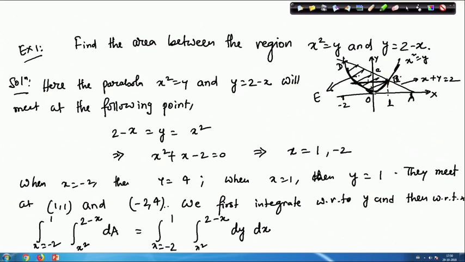So now here we can see that y is varying from 0 to 1, right? So y is varying from 0 to 1, and x will vary from this corner to this corner. So that means minus square root of y to plus square root of y. So y is from 0 to 1, x is from minus square root of y to plus square root of y.